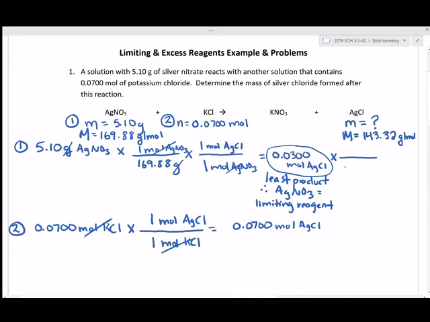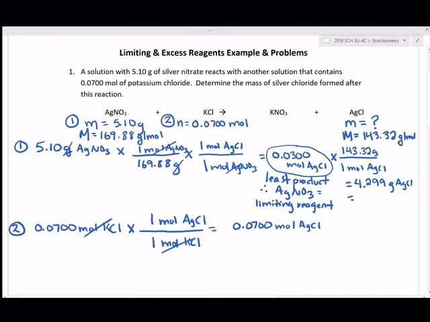So I'm going to put 1 mole of silver chloride on the bottom, 143.32 grams on the top. And now notice that moles are going to cancel, and I'm going to end up with an answer in grams, which comes out to 4.299 grams of silver chloride.